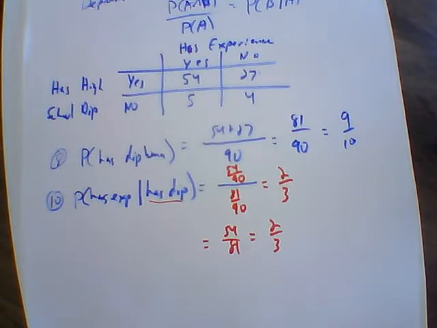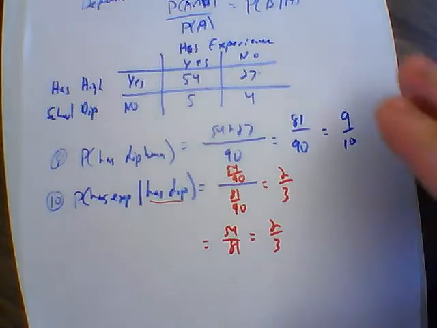Now, for you sports bettors out there, if you want to bet on sports, this is an excellent thing that you could use, especially for football. We're going to look at number 18.